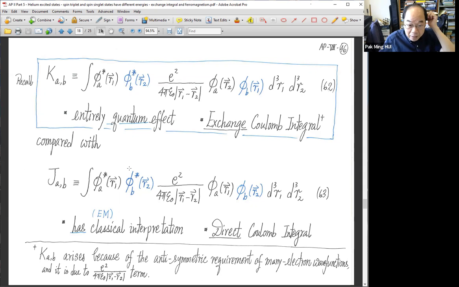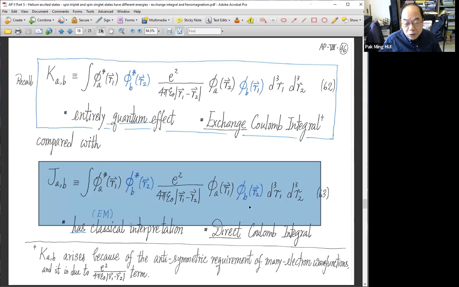Now, it should be contrasted with the direct Coulomb term we already discussed, which has a classical interpretation. This thing is very difficult to explain. All you need to do is take this page, spend 2 minutes, look at it, up, down, and then you realize this A, B, R1, R2 are put in a funny way, all right?